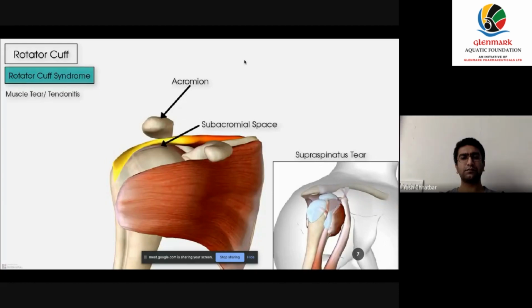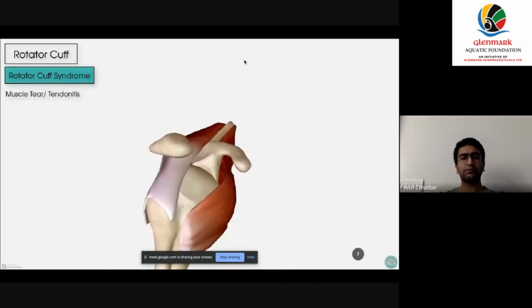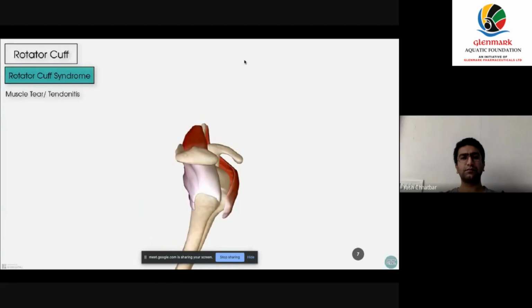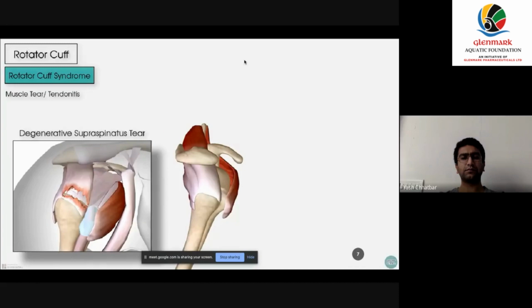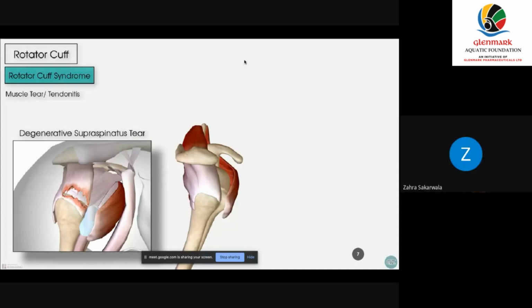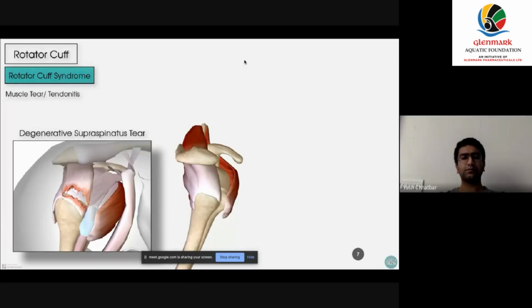In middle age and onwards, the blood supply, which is already poor to this muscle group, can deteriorate even further, meaning chronic overhead use of years causes a degenerative tear, which can be thought of kind of like how an old rope frays over time. And so again, the supraspinatus is often most vulnerable to this injury, and both of these would present with pain and reduced power with abduction of the shoulder.